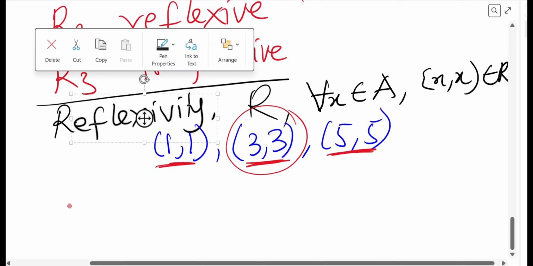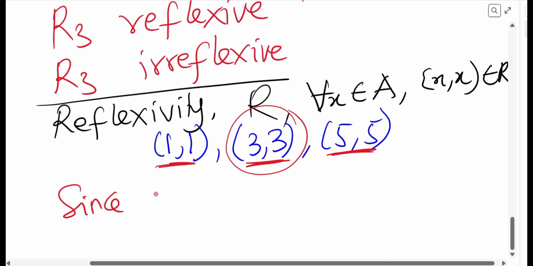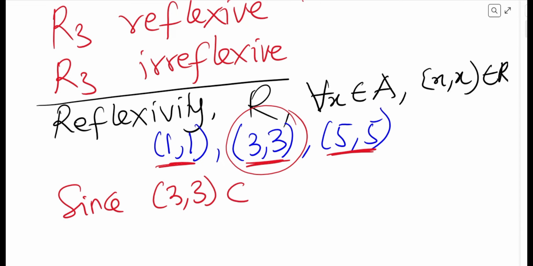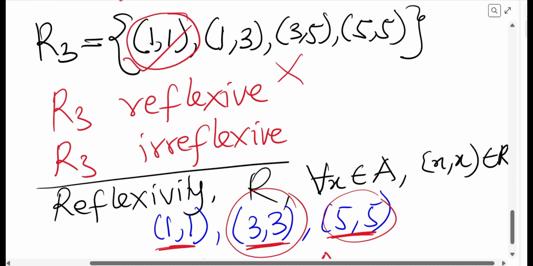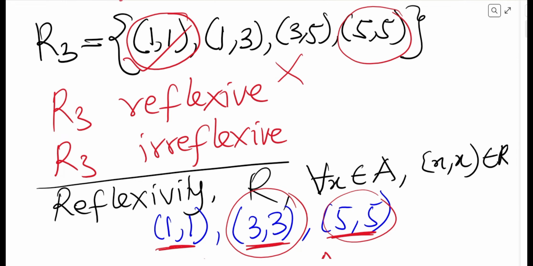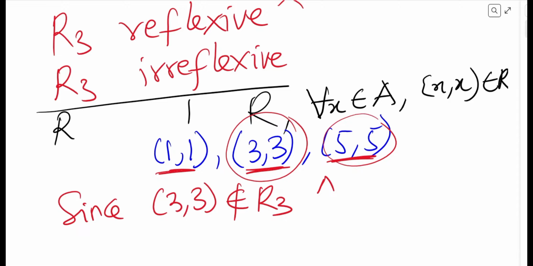So since (3, 3) is not in R3, let's look out for 5 relating to 5. Well, that is here. But I told you earlier that if one of the conditions fails, it means that it is not reflexive. So since (3, 3) is not an element in R3, we say that R3 is not reflexive.